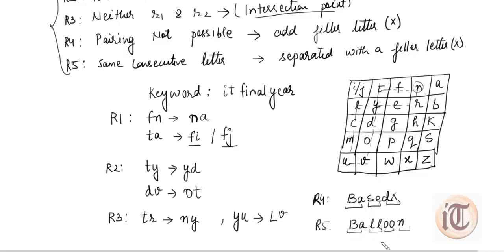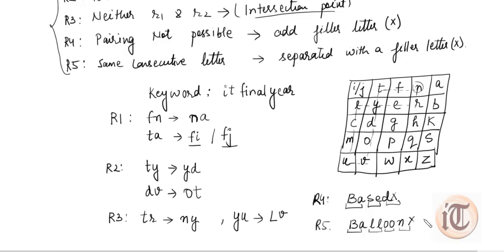But here pairing is not possible for the last letter, so we add a filler letter. But see, one more step: in this pairing, the same 2 consecutive letters come here, LL. Similarly, OO comes as the same consecutive letter. So we do not take this pair as it is. So we separate these 2 consecutive same letters with a filler letter X.